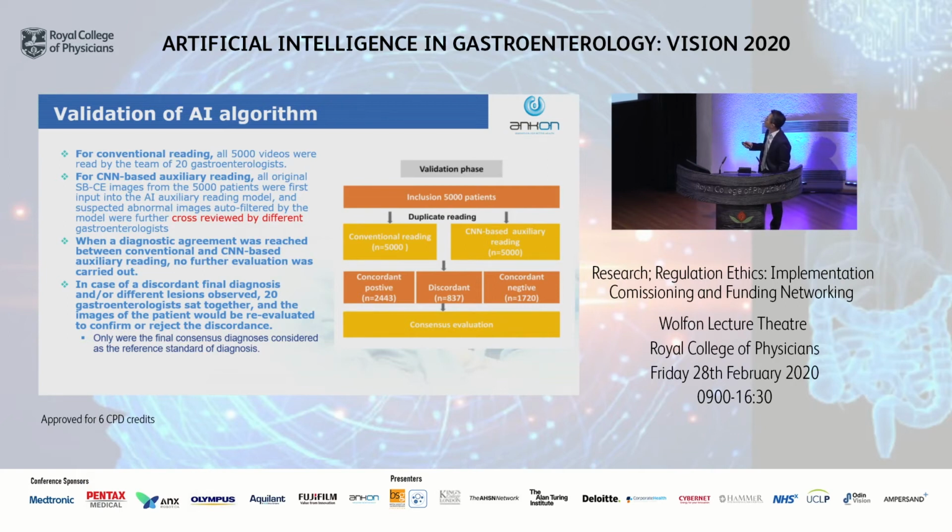For those discordant, the 20 doctors sit together and each confirms whether it's negative or positive, normal or abnormal. The consensus evaluation is done by the 20 doctors together. That's the gold standard.